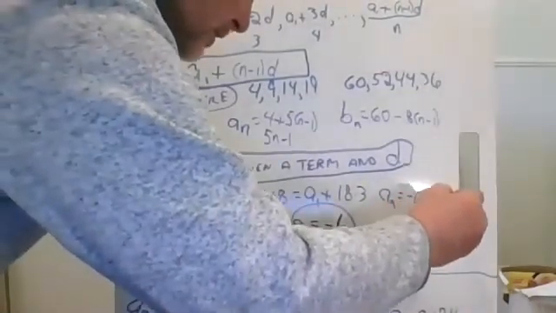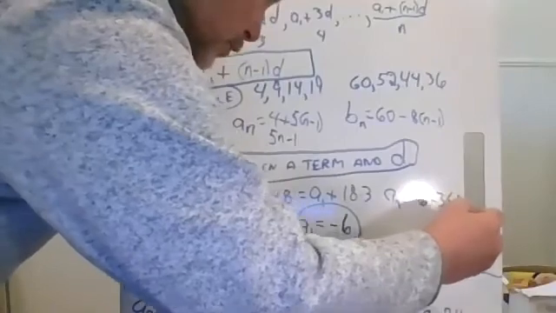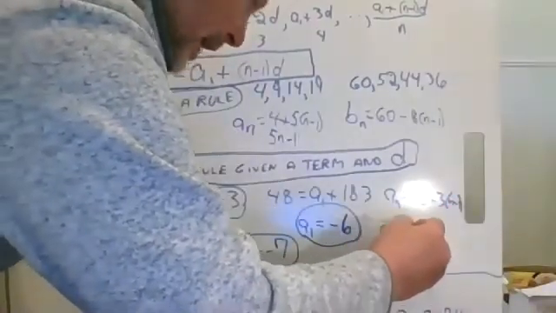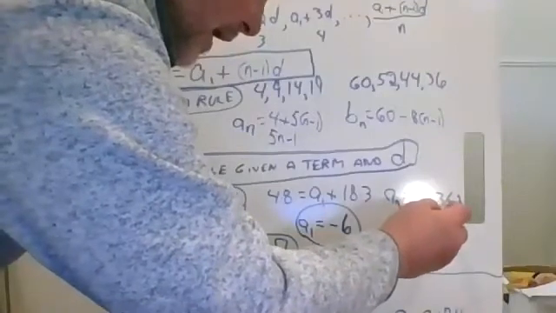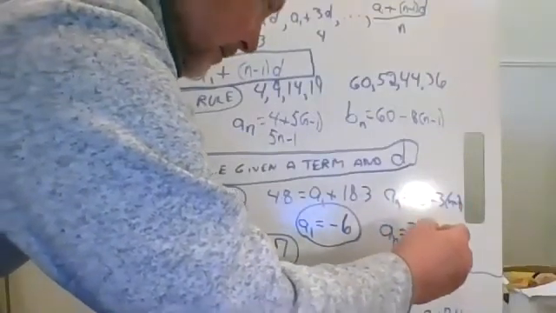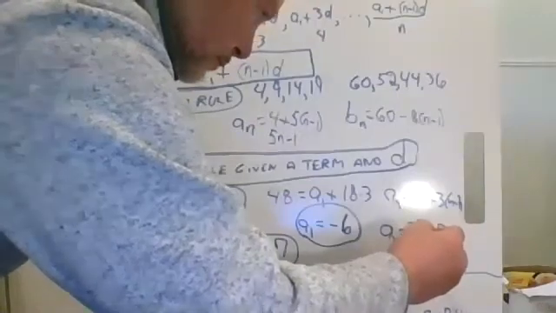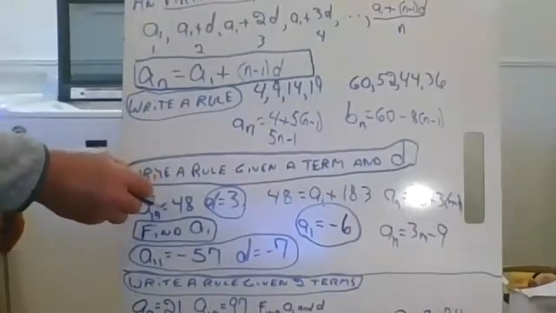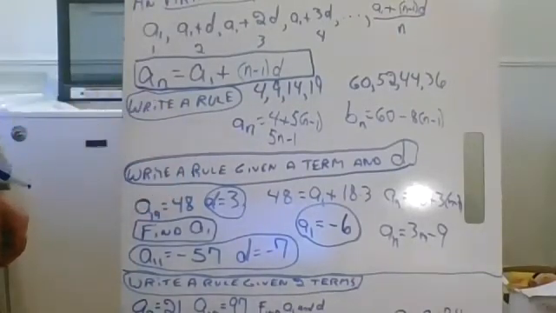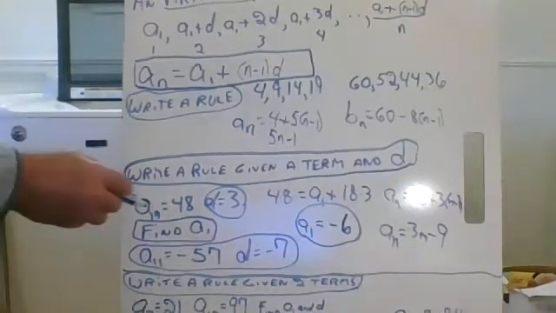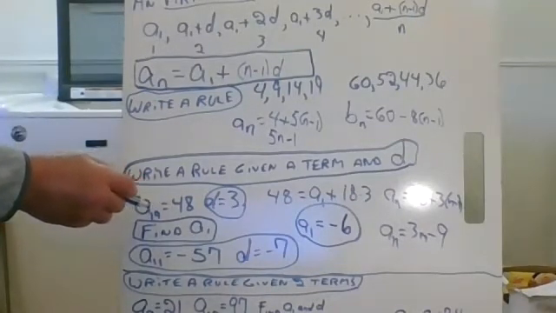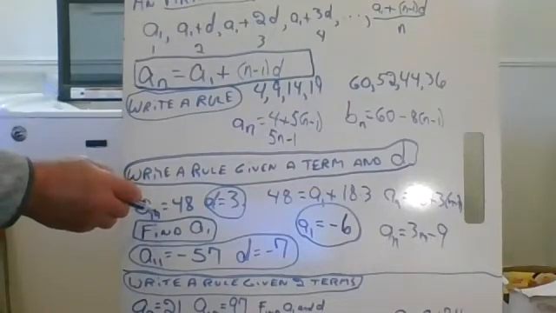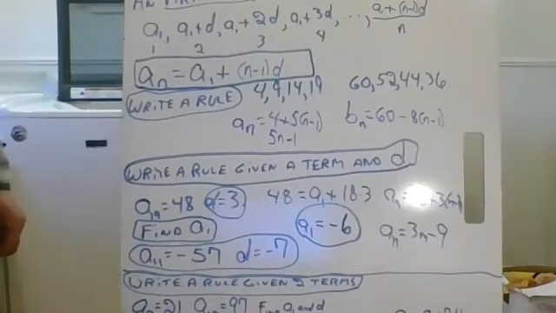So plus 3 times n minus 1, which would be a sub n equals 3n minus 9. And that's it. So if you're given a single term and you're given d, you can find the term generator because you can find a sub 1. You take the given term and you use the formula and you're able to find your a sub 1.